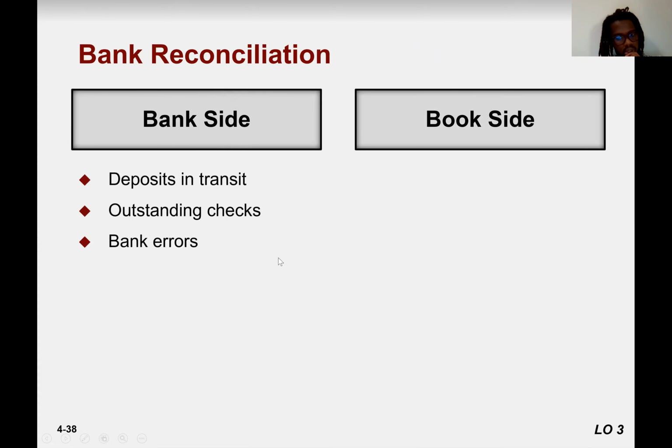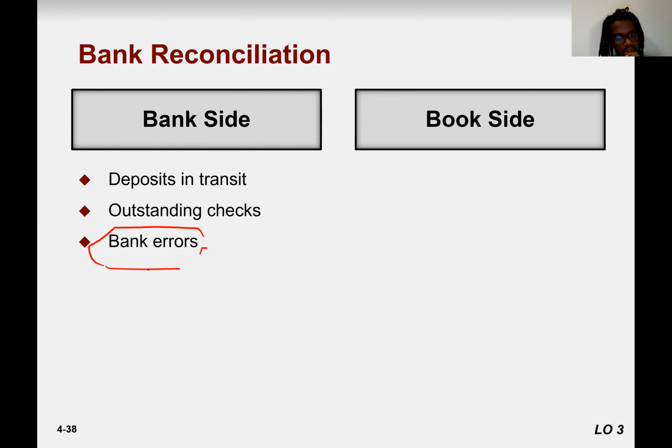So on the bank side, the information includes deposits in transit, outstanding checks, and banking errors. Errors can also happen through banks. The bank can also make an error. Systems cannot make that: 2 plus 2 always equals 4, but it's a human error if 2 plus 2 is equal to 5.